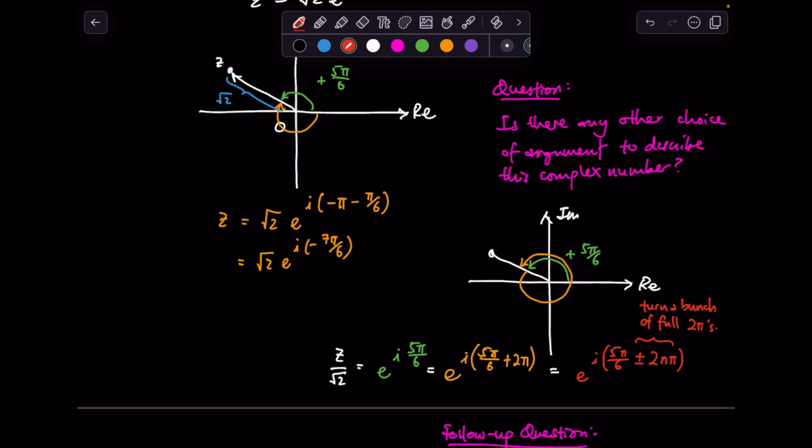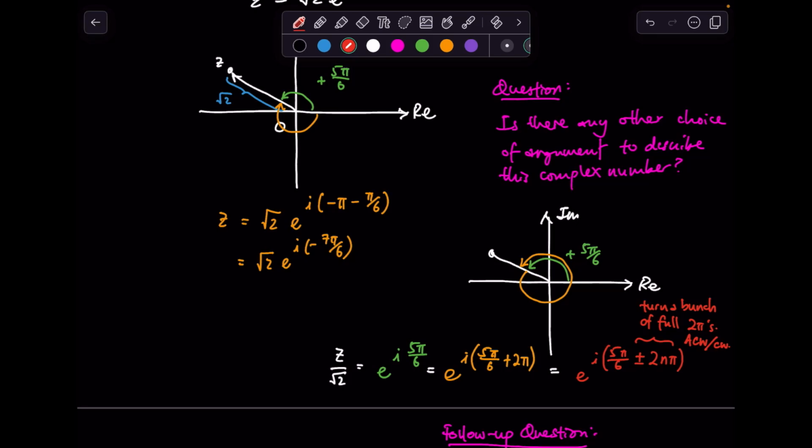You can turn clockwise or anti-clockwise, so it doesn't really matter. So there are many choices of arguments to describe the same complex number.